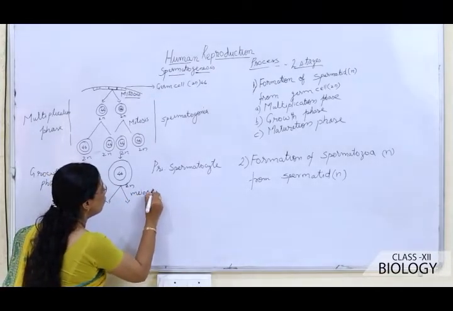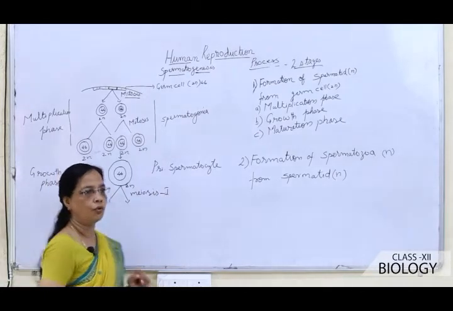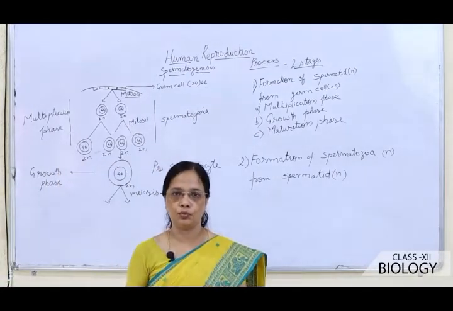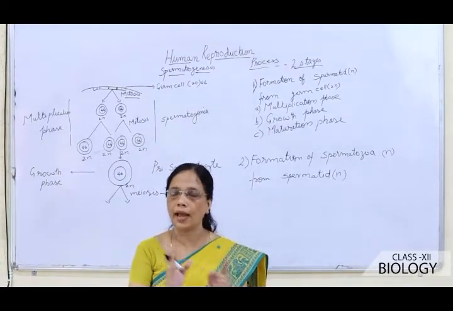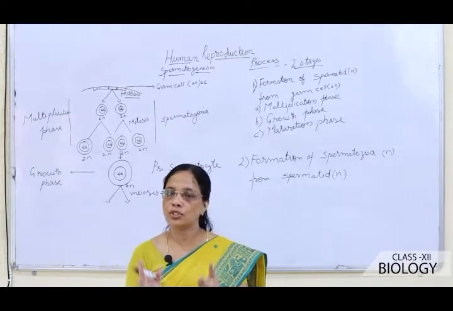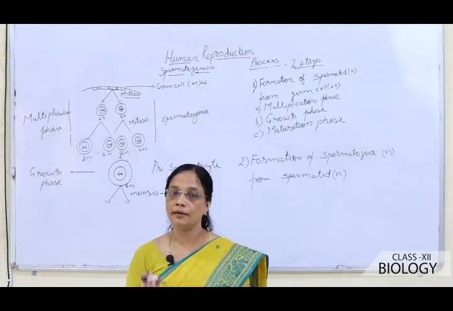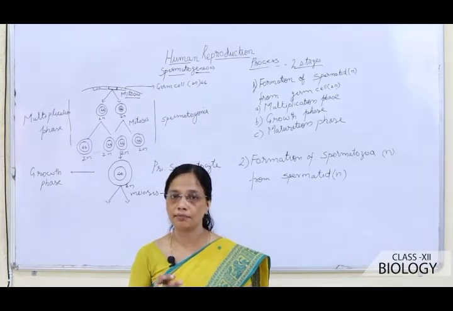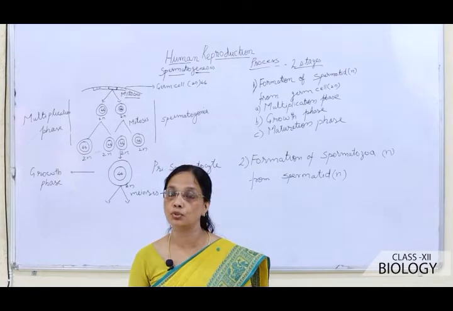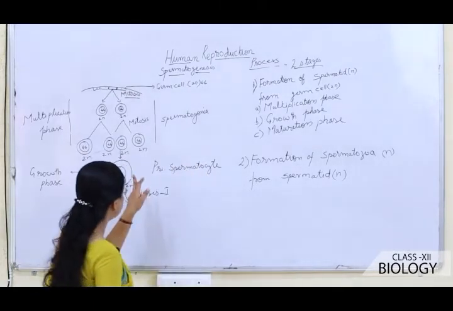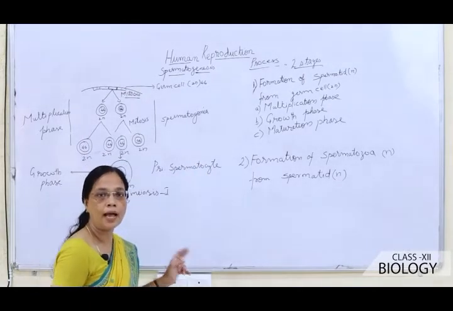Meiosis 1. As you know, meiosis is divided into two, that is meiosis 1 and meiosis 2. Meiosis 1 is said to be the reductional division. In meiosis 1 only, reductional division takes place. That means the number of chromosomes is reduced to half. Suppose it is diploid, so the daughter cell will be haploid.